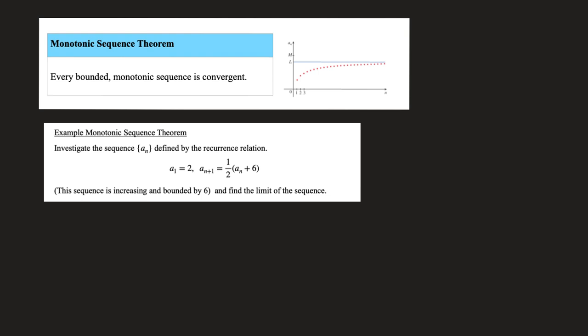This is the last theorem to find the limit. Sometimes we cannot find the limit of a sequence, but this theorem gives some idea whether the sequence has a limit or not, whether the sequence is convergent or divergent. So if this theorem says right here, guys, what do you have to check?